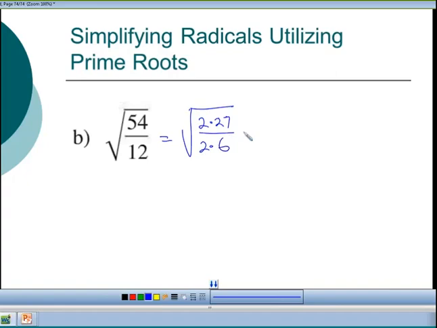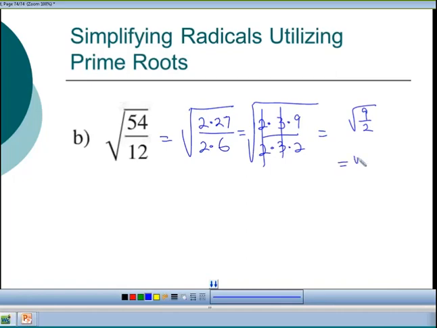And we can actually reduce that further to be 2 times 3 times 9 over 2 times 3 times 2. And what's nice is that I can actually cancel out my 2's and cancel out my 3's, and what I'm left with is the square root of 9 over 2. And then here this is going to turn out to be the square root of 9 divided by the square root of 2, and that's going to turn out to be the square root of 3, or sorry, the square root of 3 over the square root of 2.